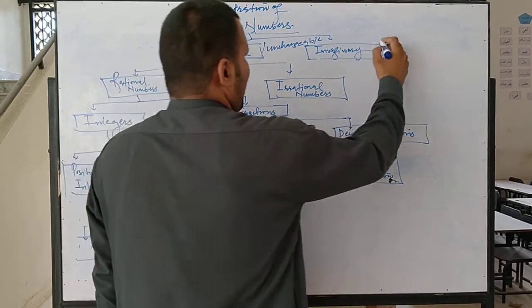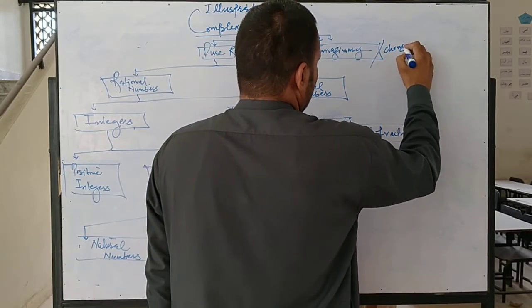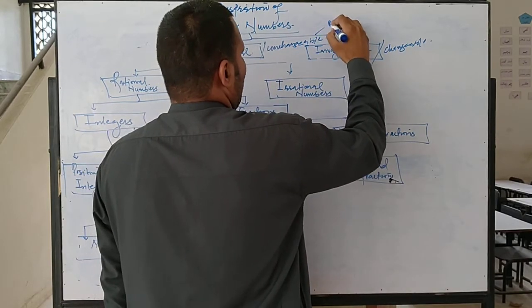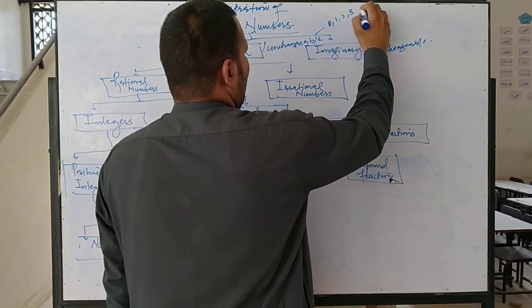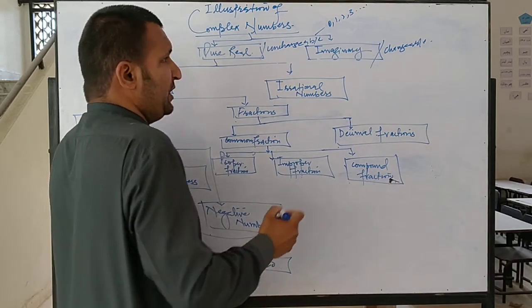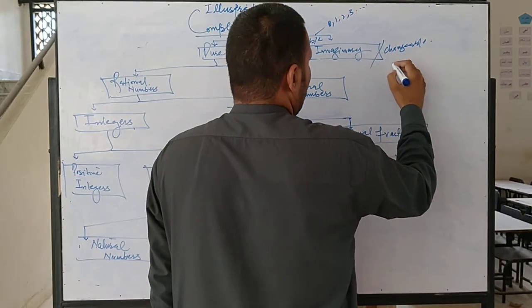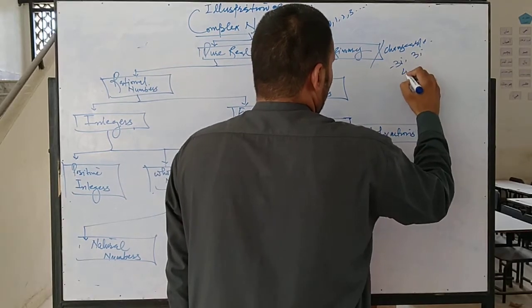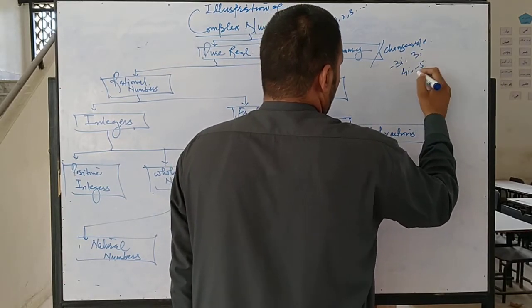And imaginary means changeable. We write a direct value, let's suppose 0, 1, 2, 3 and so on, and imaginary means changeable, let's suppose minus 3 iota, 3 iota, 4 iota, minus 4 iota.